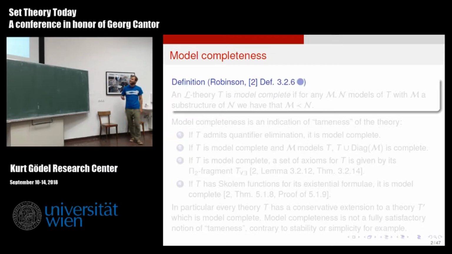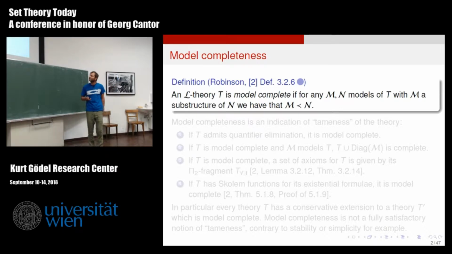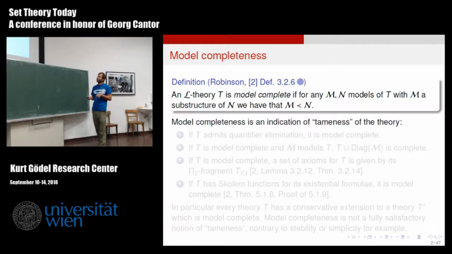This is a nice model theoretic notion introduced by Robinson, from what I understand. So what is it? It says that a theory is model complete whenever, given a model of the theory, if a substructure is itself a model of the theory, then it's an elementary substructure.